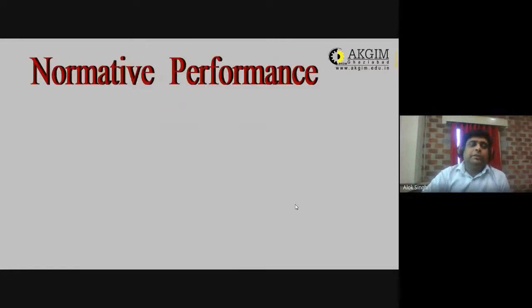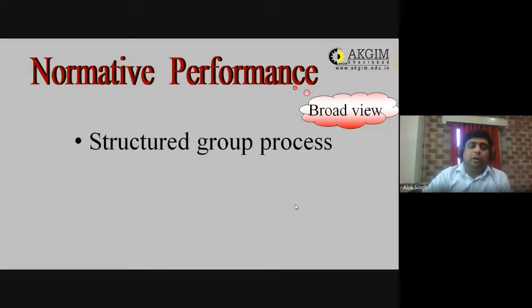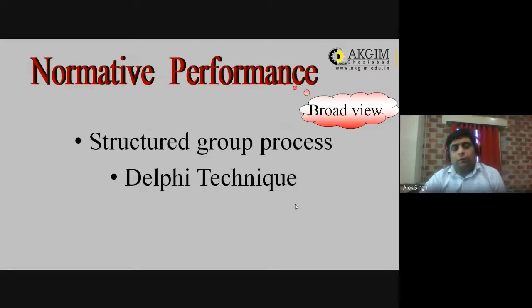Okay, next is normative performance. So this is a broader way. Nowadays, a lot of organizations are project organizations. So there are structured group processes. Structured group means team 1 is performing some similar type of task, team 2 is performing a similar type of task, team 3 is performing a similar type of task, and which team is better? For that you will check based on normative.